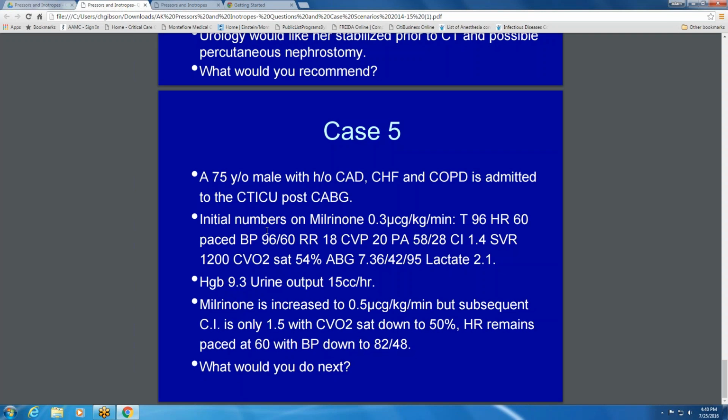Temperature is 96, heart rate 60, paced, blood pressure 96/60, respiratory rate 18, CVP of 20, PA pressures 58 over 28, cardiac index is 1.4, SVR is 1200, central venous oxygen saturation is 54%. Blood gas 7.36, 42, 95, lactate is 2.1. Hemoglobin is 9.3, urine is oliguric.